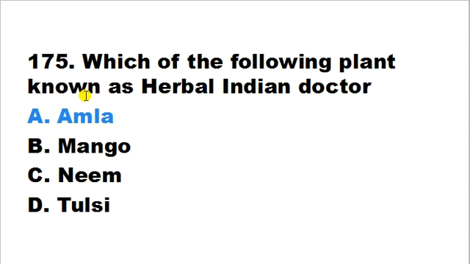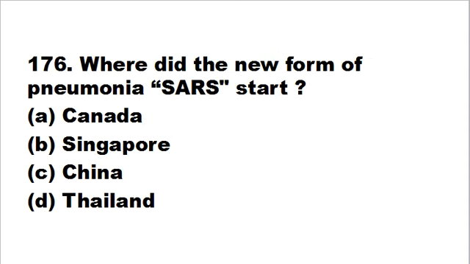Where did the new form of pneumonia, SARS, start? Canada, Singapore, China, Thailand. So here first we should know the full form of SARS. SARS is severe acute respiratory syndrome. This is caused by the coronavirus.